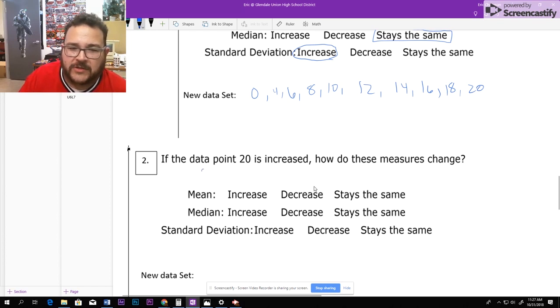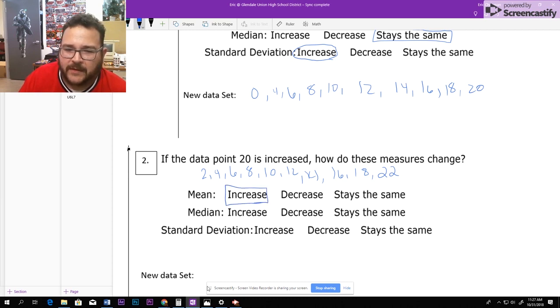Okay, so we got 2, 4, 6, 8, 10, 12, 14, 16, 18, and 20, but we're going to change that 20. Let's just even change it to 22. So we increase the number, so that means that our mean is going to increase. Okay, because this number is now larger than the mean, our mean is going to increase.